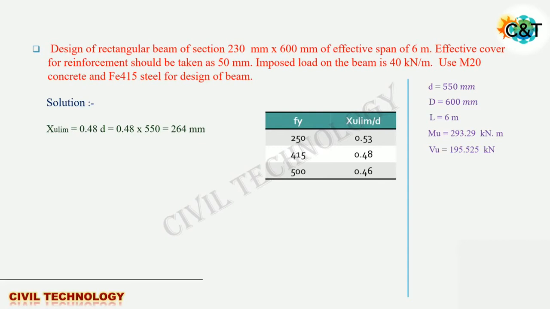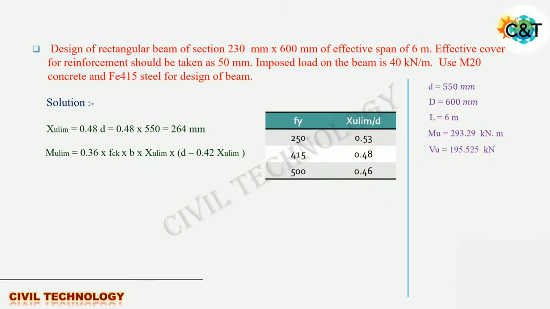Using this Xu limit value, we can find out the Mu limit value, meaning the maximum moment this beam will carry safely as a balanced section. So let's find out. The formula is 0.36 multiplied by fck, that is the grade of the concrete, multiplied by b, that is the width of the beam, multiplied by Xu limit, multiplied by d minus 0.42 times Xu limit. So just put down all the values. We already have all the values here.